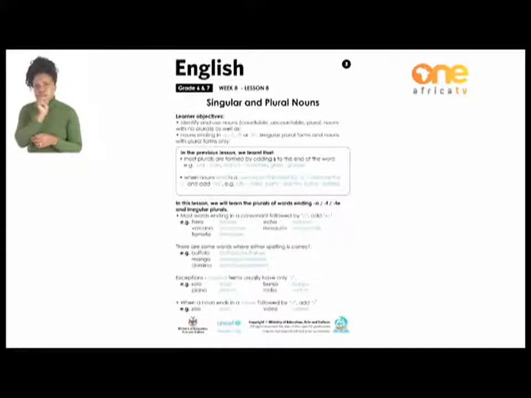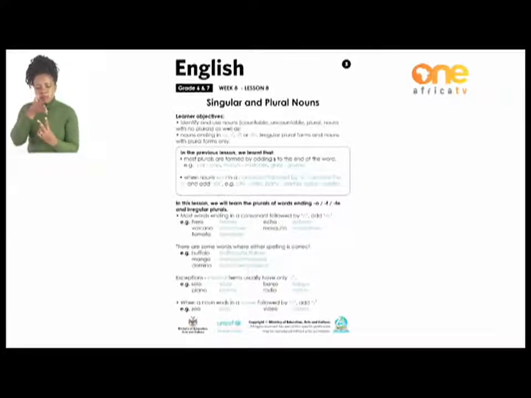In the previous lesson, we learned that most plurals are formed by adding s to the end of the word. For example, car, cars, match, matches, glass, glasses. We have also learned that for nouns ending in a consonant followed by y, we remove the y and add ies.